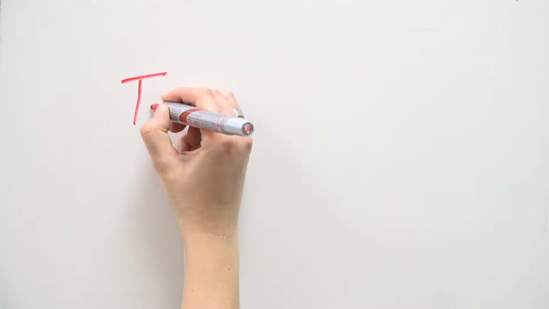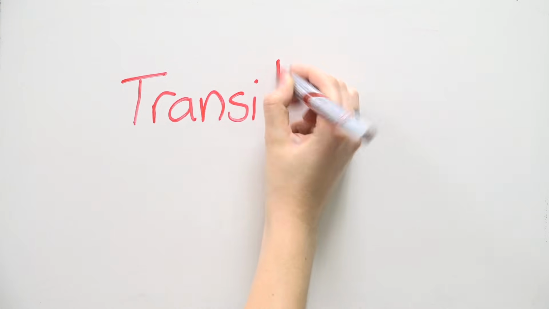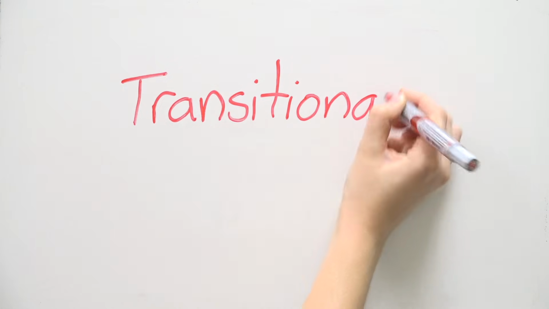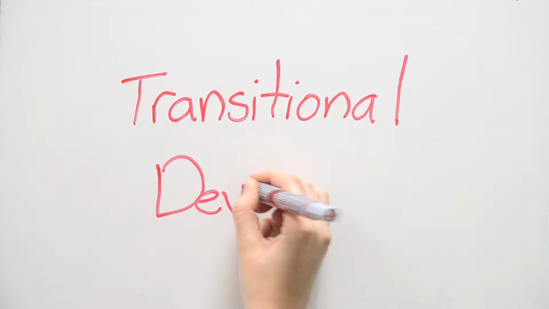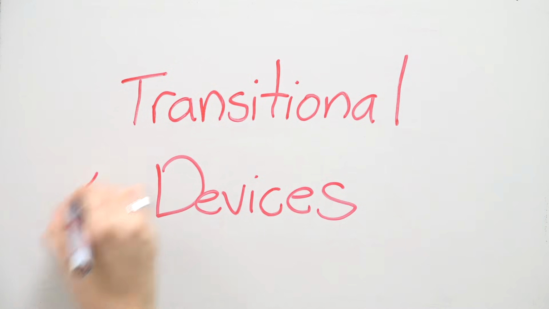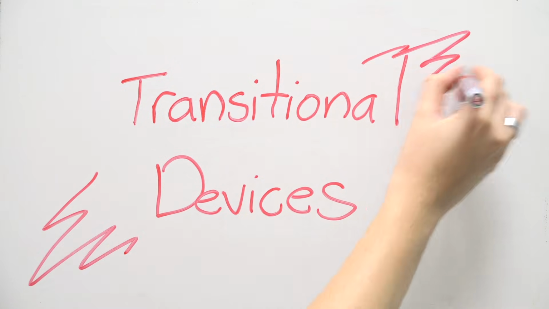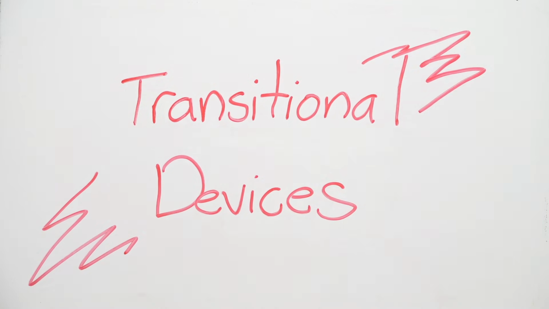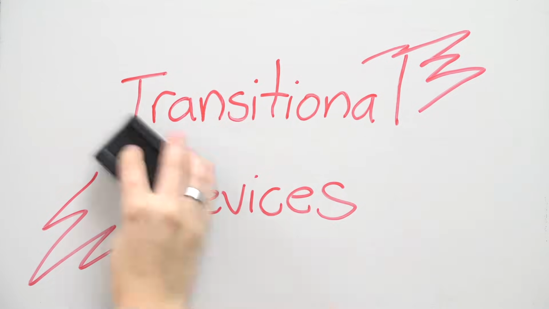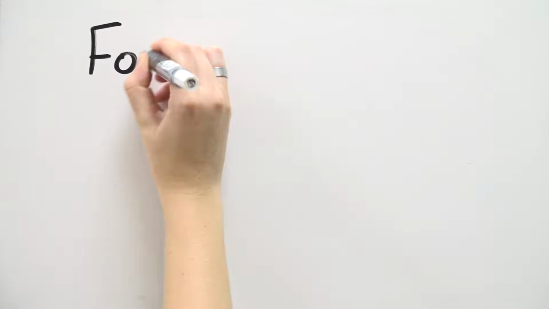Another common form of cohesive device is transitional words and phrases. These can be simple conjunctions, like and or but, or they can be more complex. Because a cohesive essay needs to transition from one idea to another in a logical way, or flow, we must understand a large variety of transitional devices, which indicate different kinds of possible relationships between ideas.